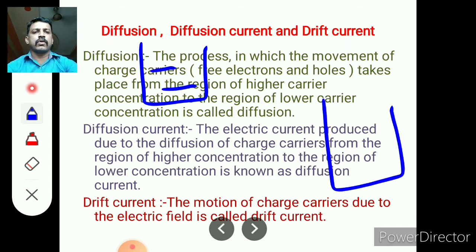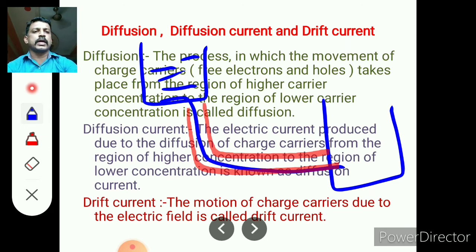In this, water is present, and it is flowing through, as we know that in the normal case water flows like this. So here we consider that this is the higher concentration and here is the lower concentration of charge carriers. So charges are moving from higher concentration to lower concentration.